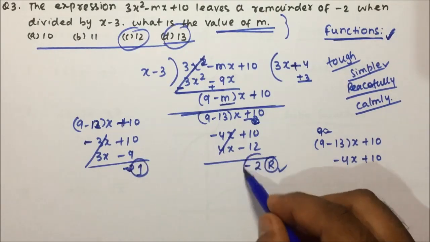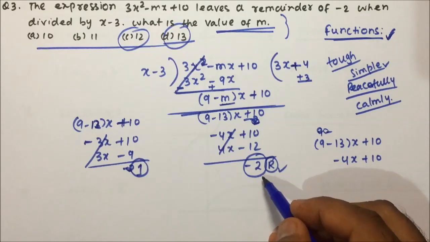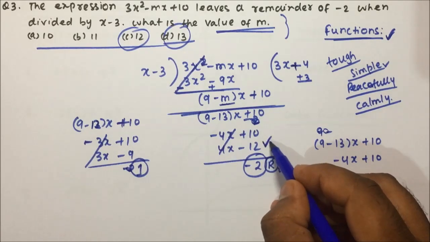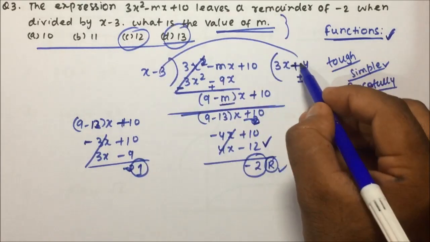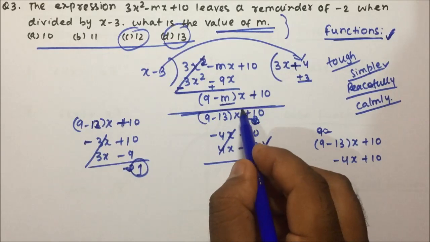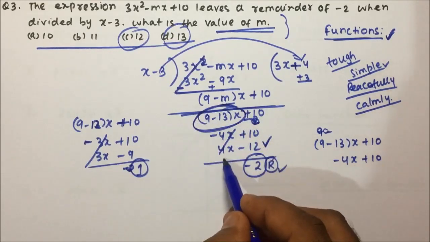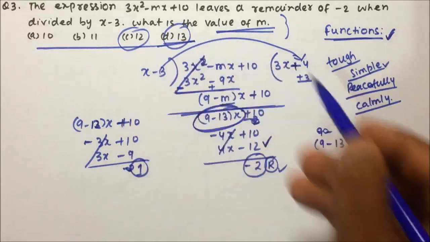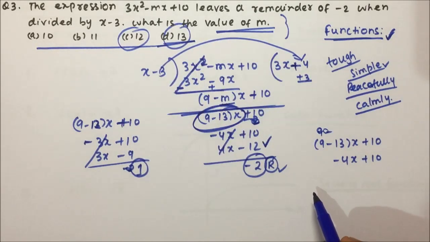But friends, it is very clear. I want remainder equal to minus 2. So how will I get remainder equal to minus 2? That means here 12 should come. When will 12 come? When 3 gets multiplied with 4. So when 3 gets multiplied with 4, that means the difference also I want as 4. So if I keep 13, then only the difference will be minus 4.